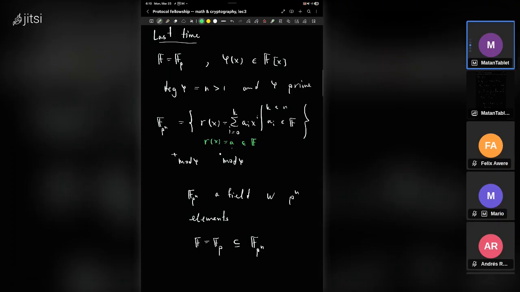So when you do arithmetic of, let's say, A and B, then multiplying the polynomials R(x) equals A and S(x) equals B in F_p^n is the same as multiplying them as in F_p, namely multiplying and taking modulo p, and then putting the result as a constant polynomial. So this is called a field extension.